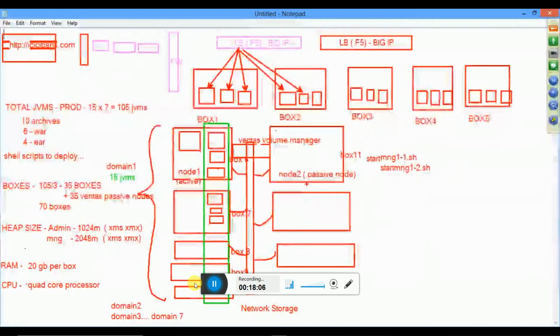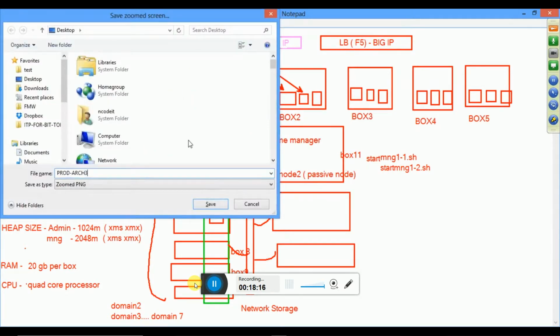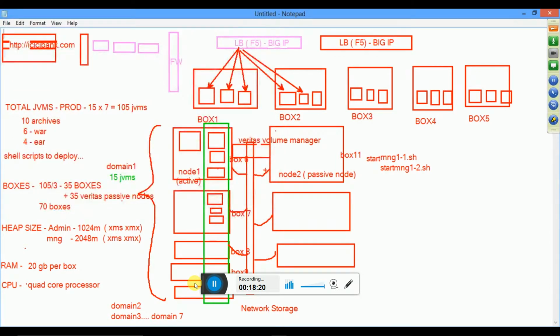Now the exact same setup is there for DR also. Exact same setup. So when there is a disaster, what actually happens is the router configuration will be changed and traffic will be sent to a router of DR, because the routers will also have IPs, guys.